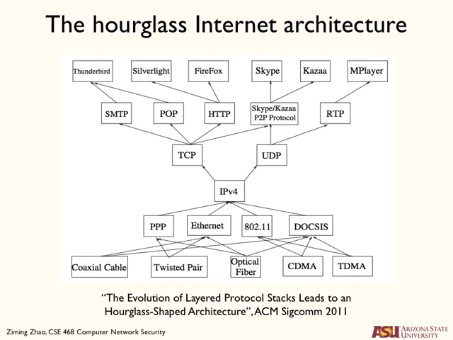So this has led to something very interesting, called the hourglass internet architecture. At the network layer, we only have the IP protocol. No matter whether it's IPv4 or IPv6, we are only using IP. On top of that, we are using TCP and UDP.